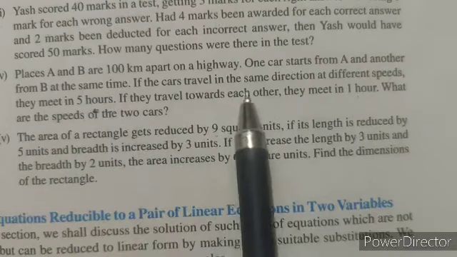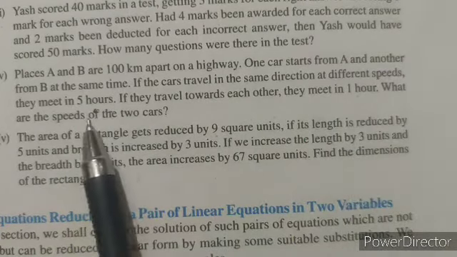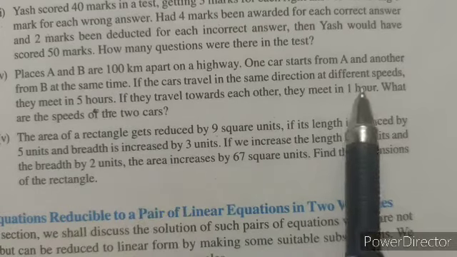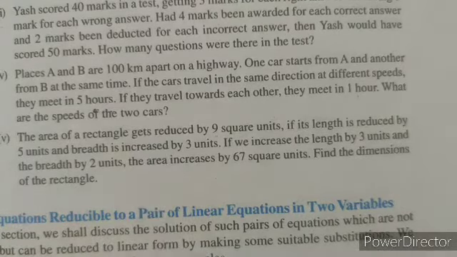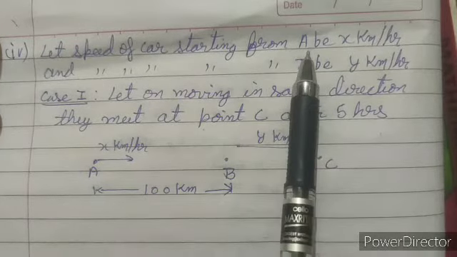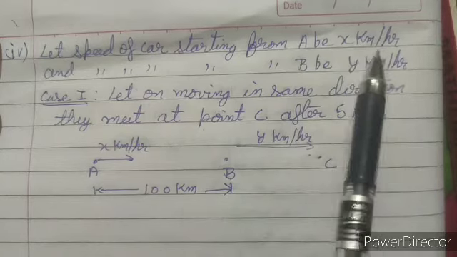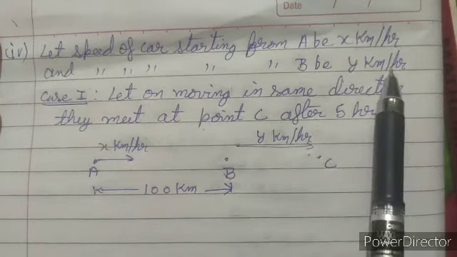If they travel towards each other, they meet in 1 hour. What are the speeds of the two cars? So we will take the speeds of the two cars as x and y. Let the speed of the car starting from A be x km per hour and the speed of the car starting from B be y km per hour.